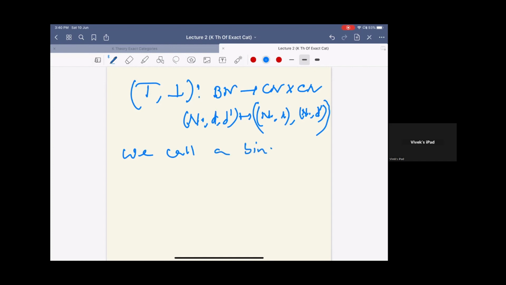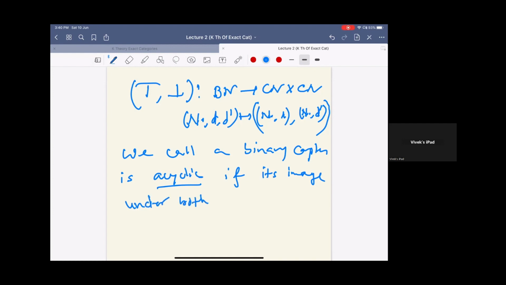All right. So we call a binary complex acyclic if its image under both T and B is an acyclic chain complex.